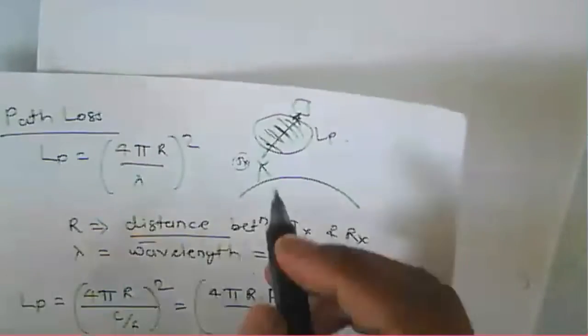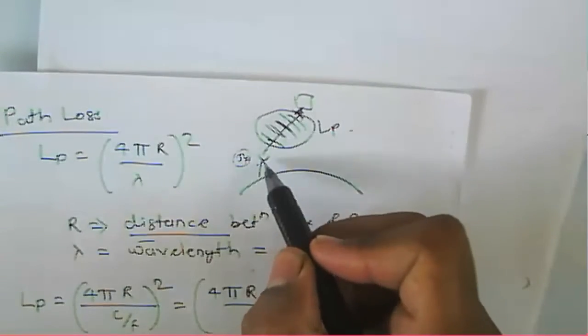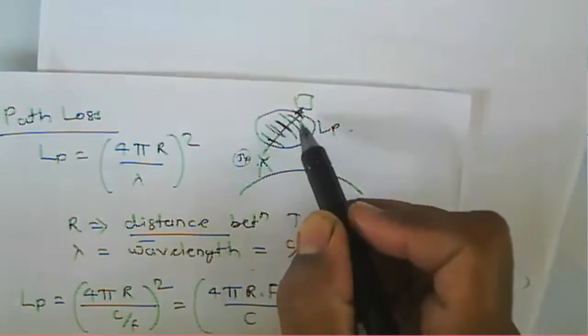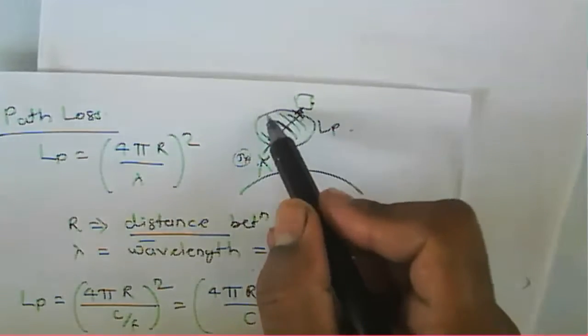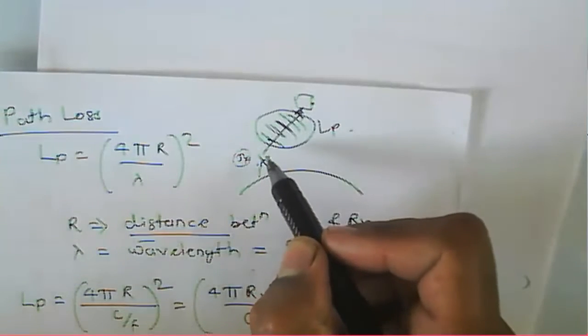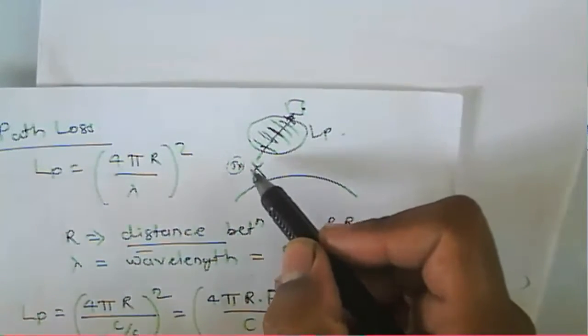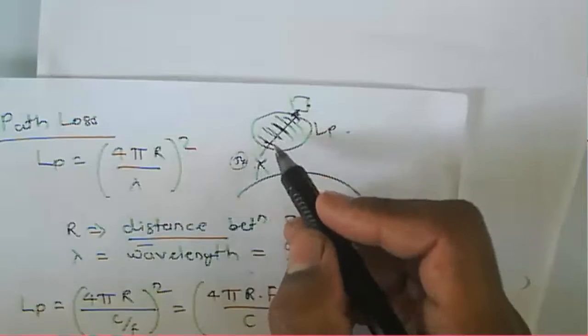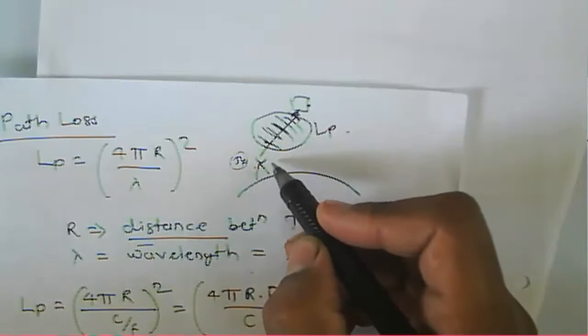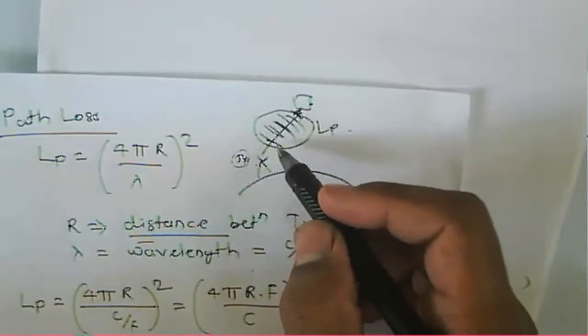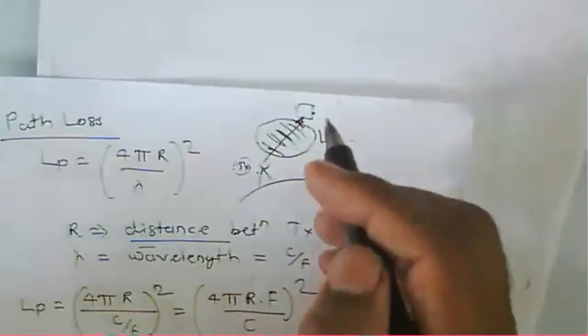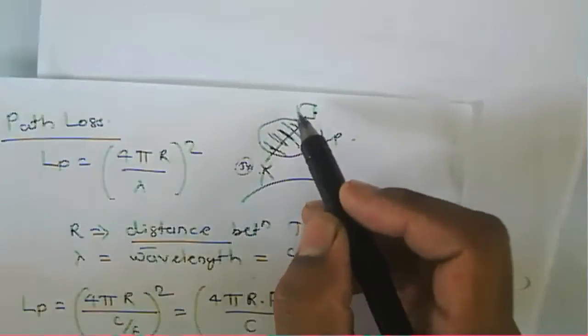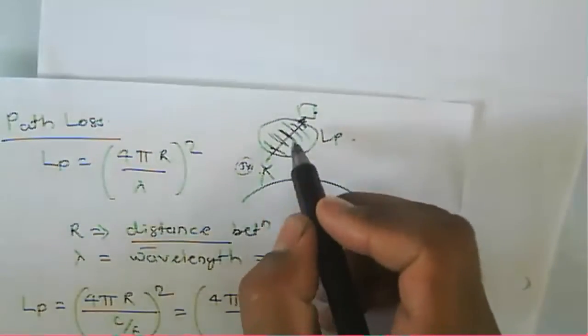Because from the transmitting to the receiving station, we can say that the earth station transmits the signal to the satellite. In between, when we transmit the signal, some spreading of the signal takes place from the transmitter toward the receiver, and some of the signal does not reach the satellite; it spreads in space.